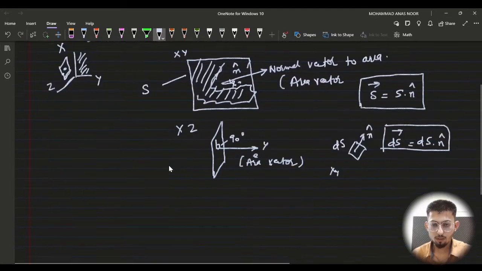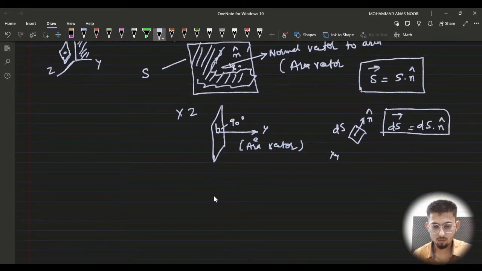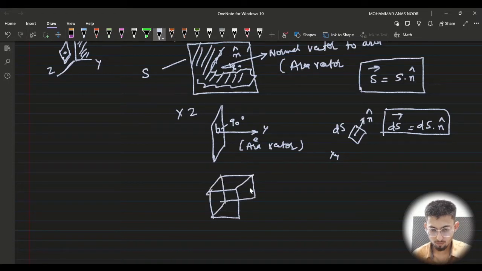Now, if we are given a cube like this, six surfaces, six planes can be made out of it. Now we want to find the area vector of the front, in the xy plane, this area.